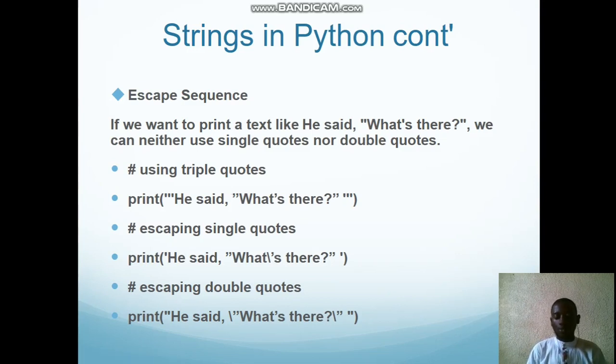This is a sentence of someone else, and we want to display it as it is. Here we can use neither single nor double quotes to display this sentence, as it has to be displayed with its quotes. So here we have three possibilities.